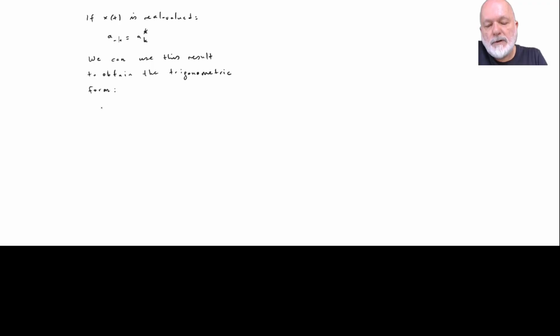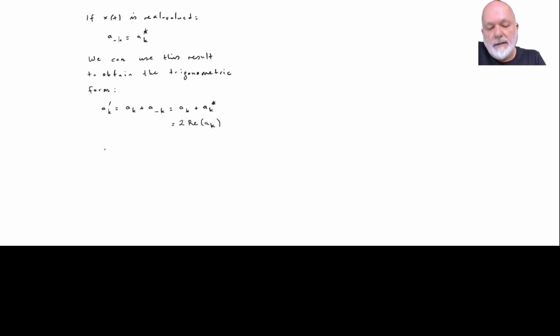Okay, because we know that ak prime, the coefficients of the cosine terms, is ak plus a minus k. So this is equal to ak plus ak conjugate. Remember that if you have a complex quantity, the sum of that quantity plus its conjugate is 2 times the real part of ak.